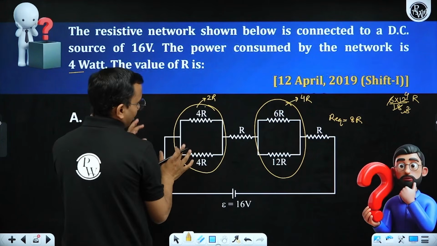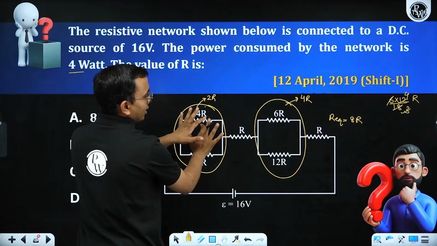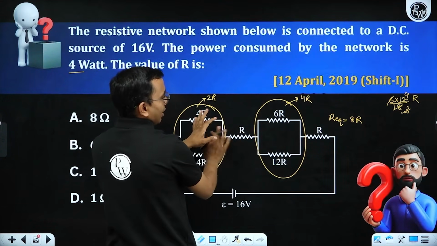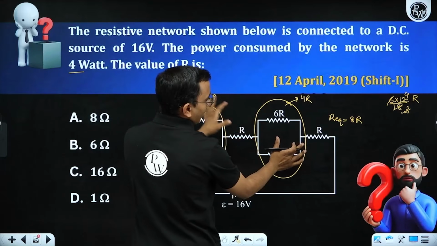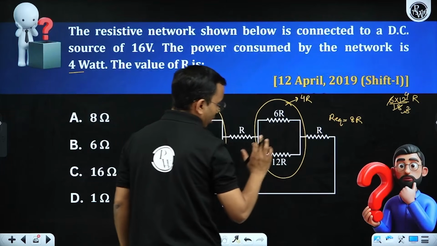Getting it? Again I am repeating, this is 2R, that is in series with this, 2R plus R, 3R, 2R plus 3R, and this is in series with 4R, 7R, in series with R, 8R total equivalent. Now what is the current?